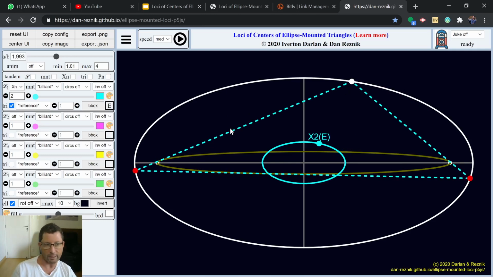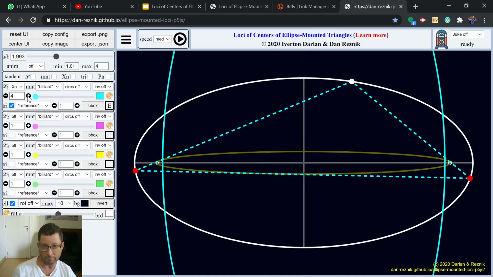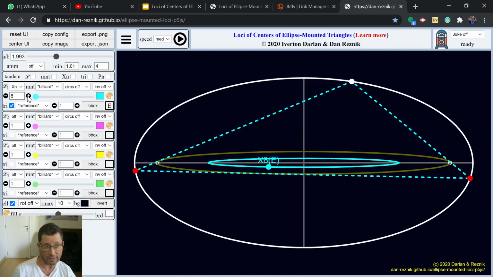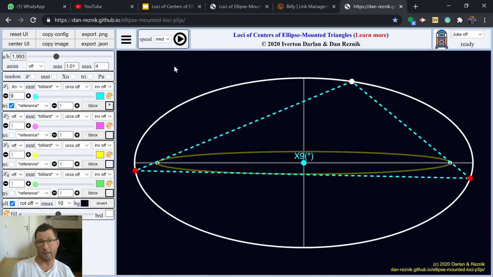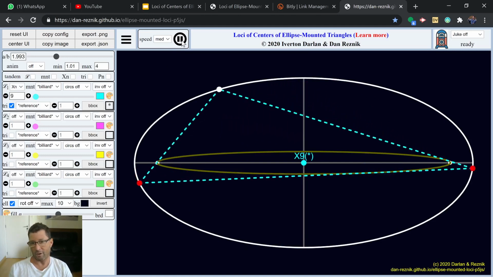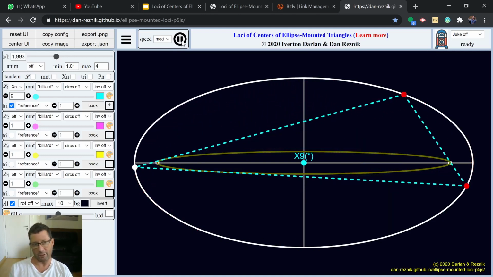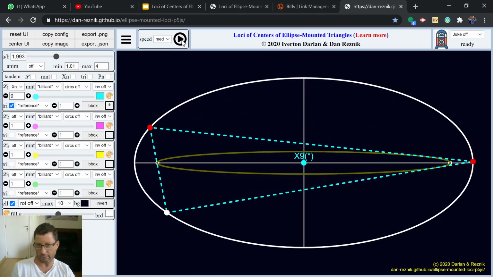Now, I did not show you guys this in the last video, but this family also has a unique stationary point, and that's x9, the meeting point. So if I advance this guy here to x9, there's x9. The meeting point of the billiard family is stationary. How do you define or construct the meeting point?